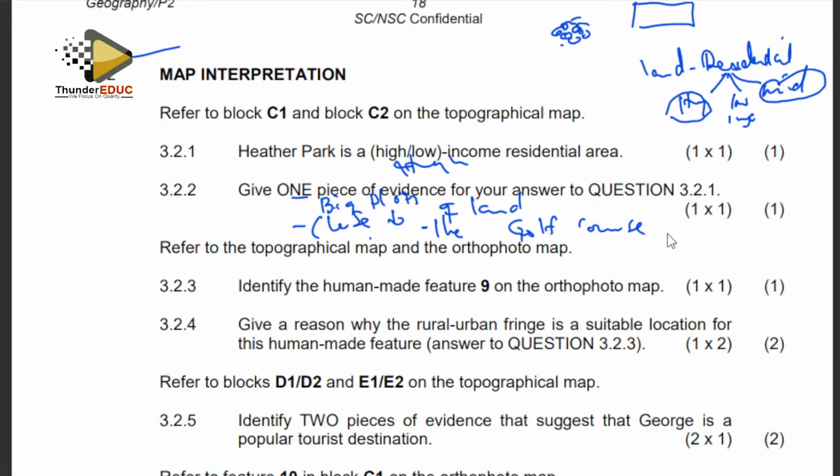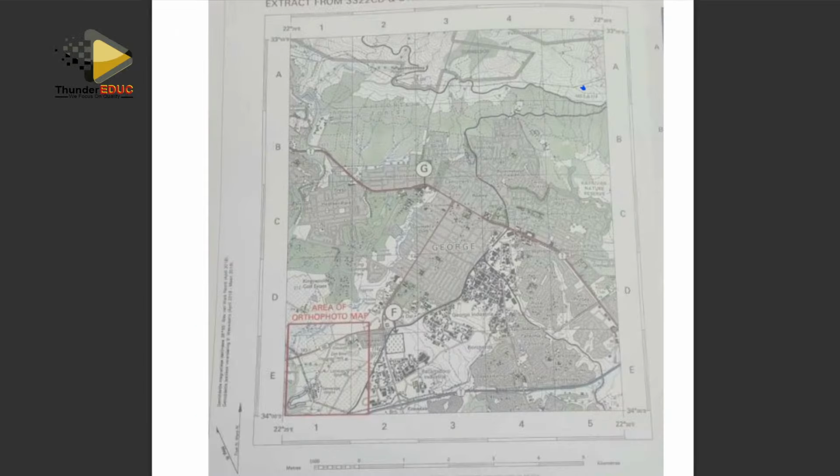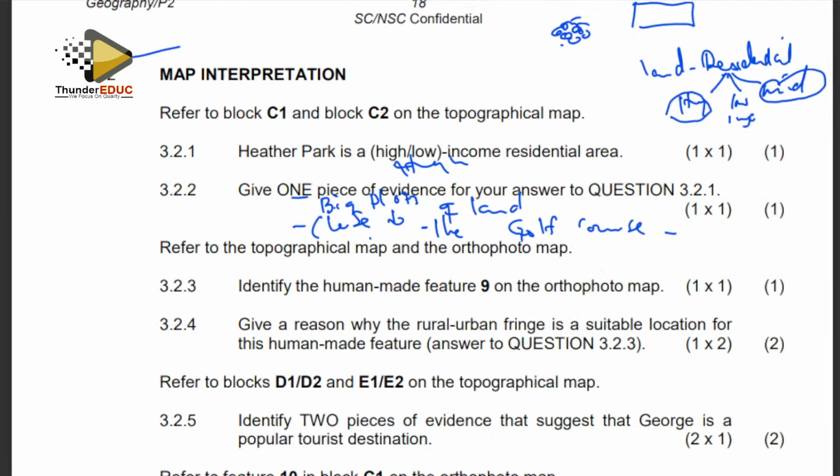Number three, that you can say when you look at it on the map here, let's see if you can see on the map. Look at this. This area here, remember, a golf course is located where? It is located in the rural urban fringe. Remember that I told you that the indicators of a rural urban fringe is a golf course, a shooting range, a rifle range, a landing site, a cemetery, those aspects.